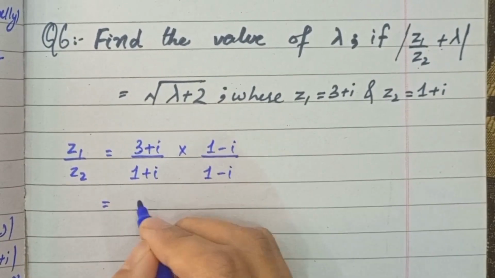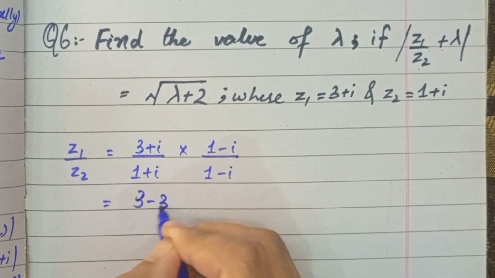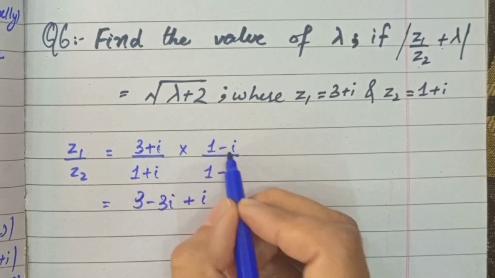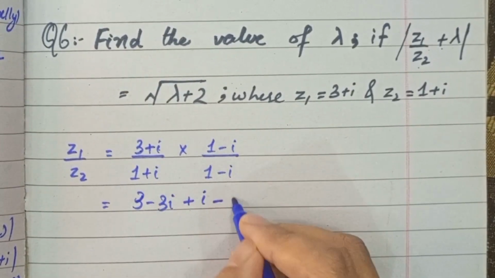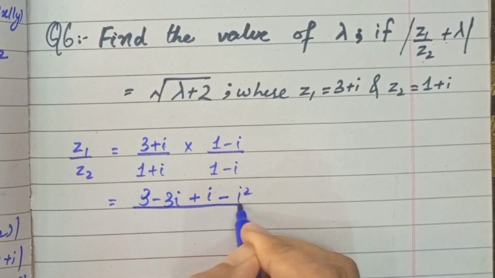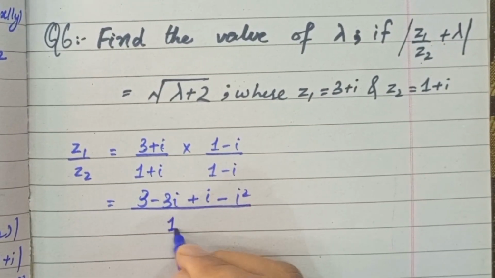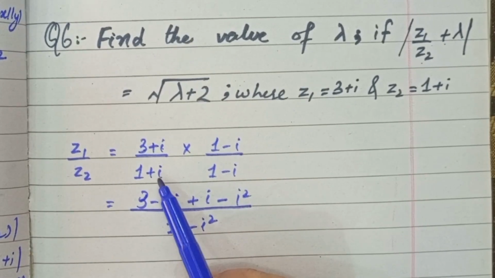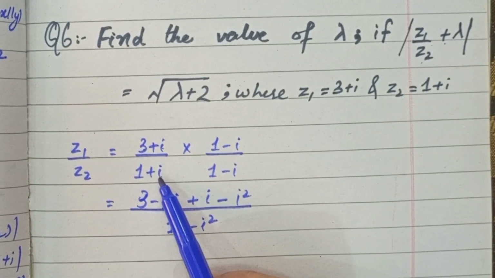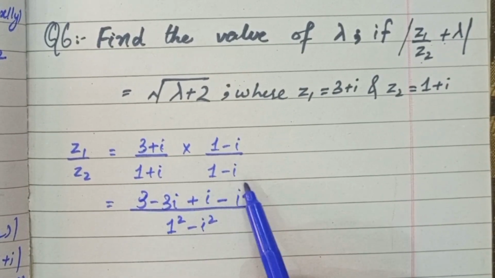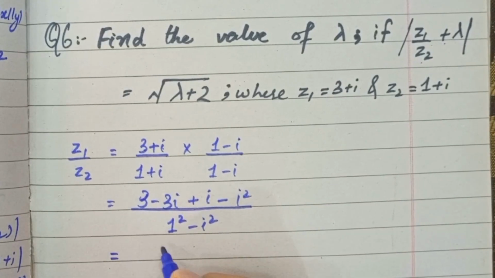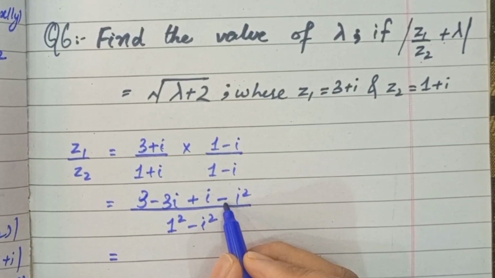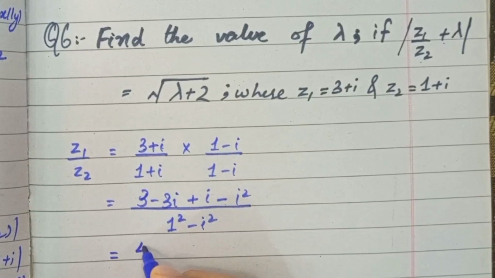3 when multiplied with this will give you 3 minus 3 iota, and iota when multiplied with this gives minus iota square, whole divided by 1 square minus iota square. We are going to implement the formula a square minus b square equals (a plus b)(a minus b). Iota square is always equal to minus 1, so minus minus is plus. 3 plus 1 is 4.